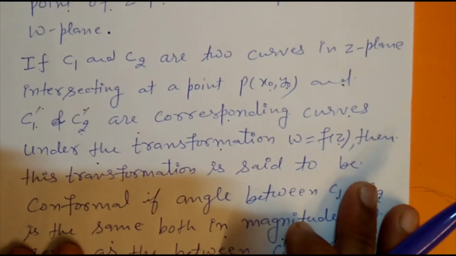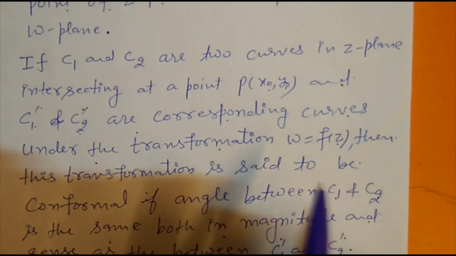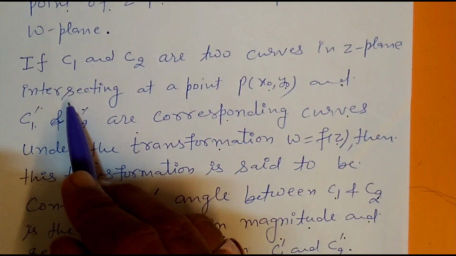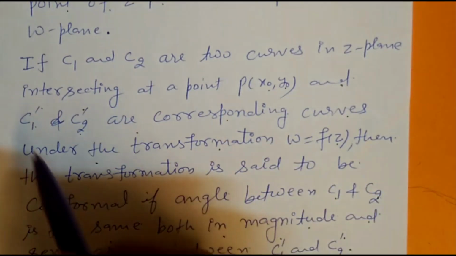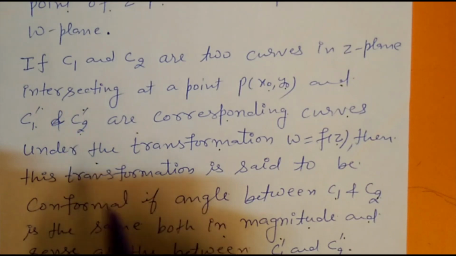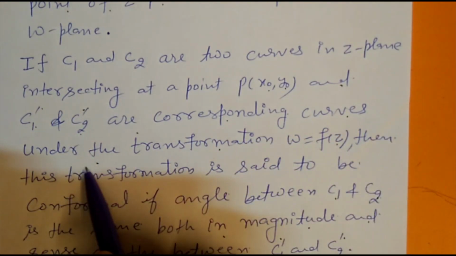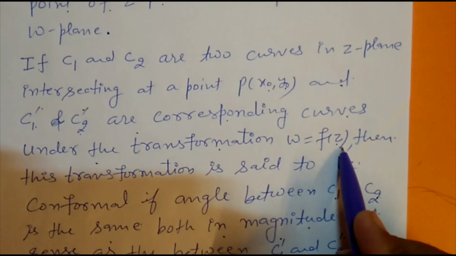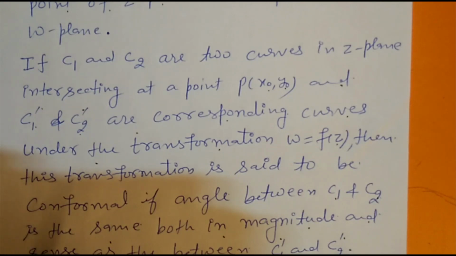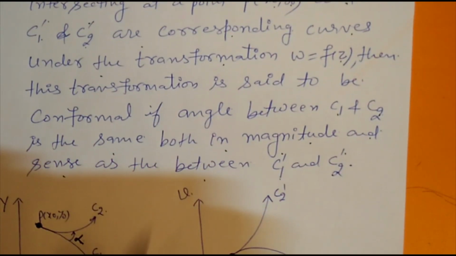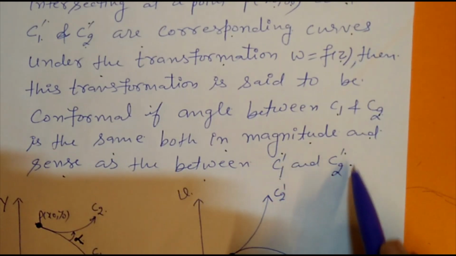If C1 and C2 are two curves in z plane which are intersecting at a point P(x0, y0), and the other two curves C1' and C2' are the corresponding curves under the transformation w = f(z), then such type of transformation is said to be conformal if the angle between the curves C1 and C2 is the same both in magnitude and sense as between C1' and C2'.